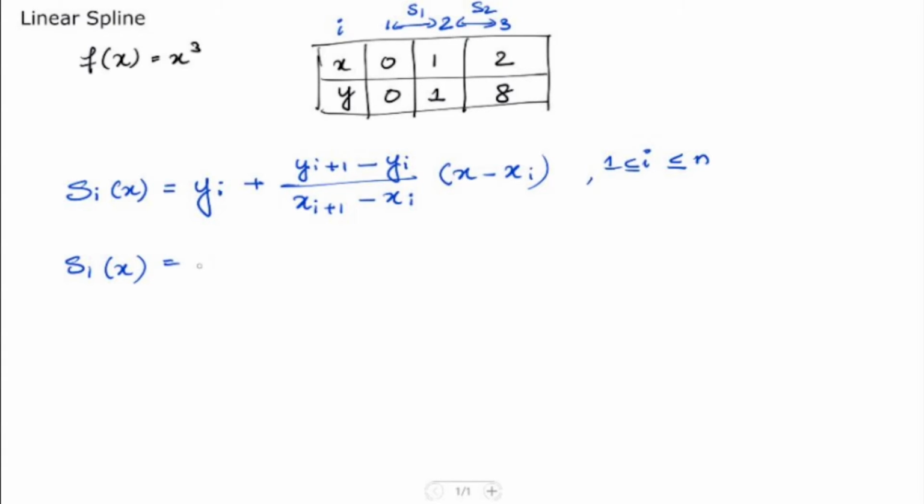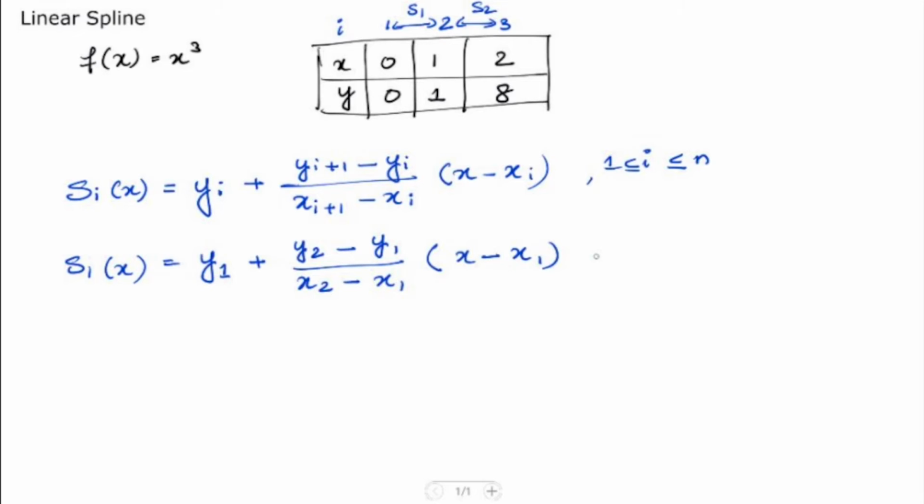So here y_i is y1 plus, we have here y_{i+1}, that's y2 minus y1 divided by x2 minus x1 times x minus x1.